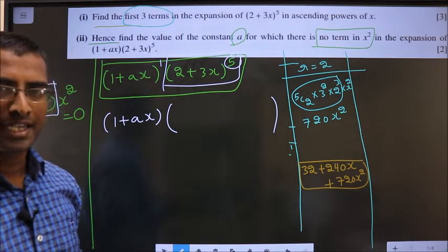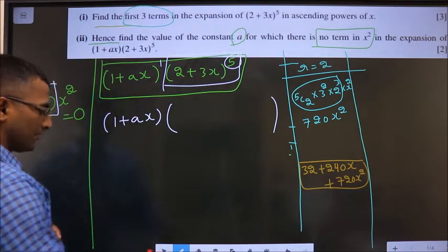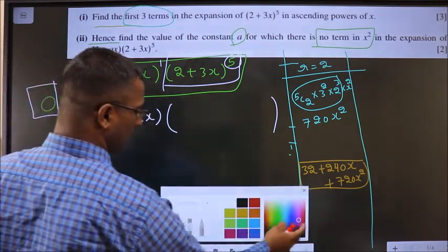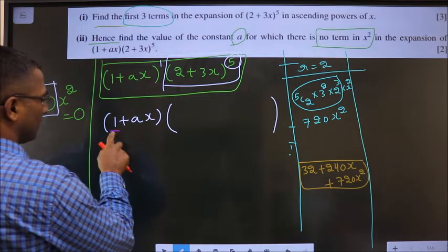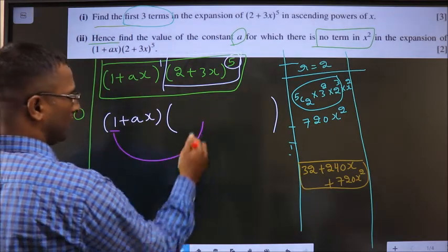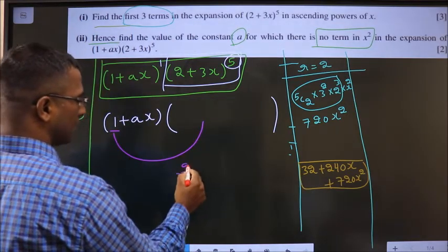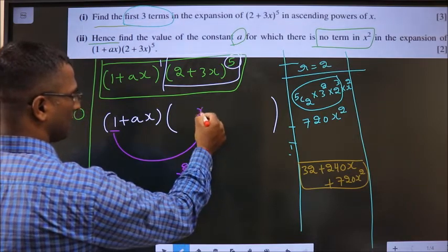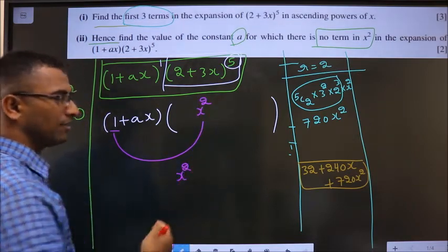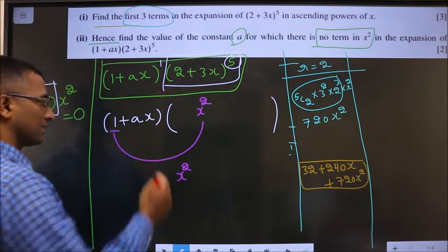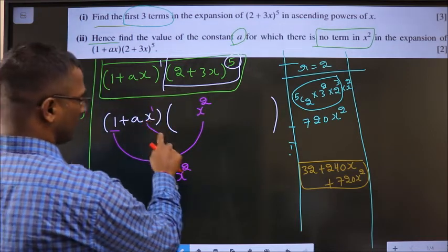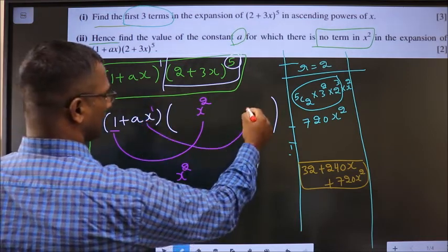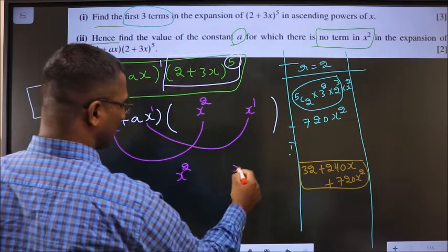Now, this bracket has got power 5. So I get many terms in the expansion of this bracket. But I do not need all the terms to get x square coefficient. So decide what all terms do you need. With the help of this one. See, here it is 1. This should be multiplied with x square, then only it will result in x square. Next, here x power 1. This should be multiplied to x power 1, then only it will result in x square.